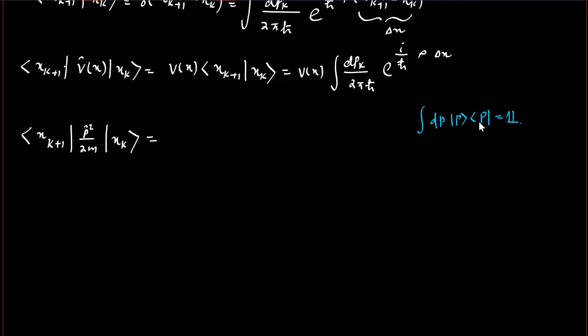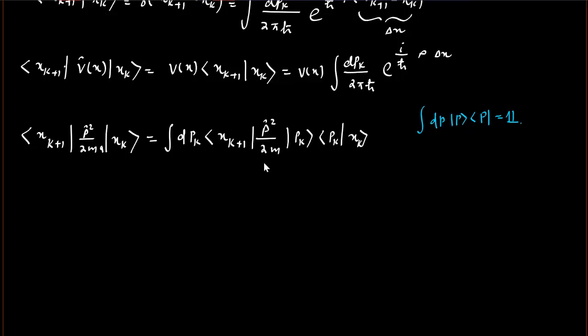If I introduce this term here, then I'll get something like this: the integration dp_k of <x_{k+1}| p squared by 2m |p_k><p_k|x_k>.